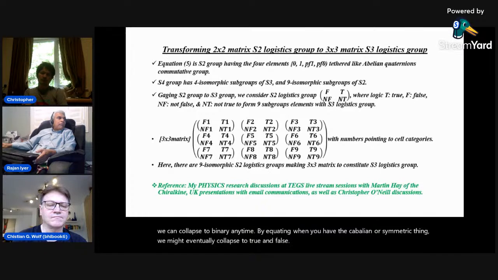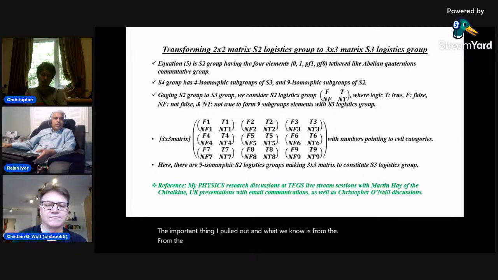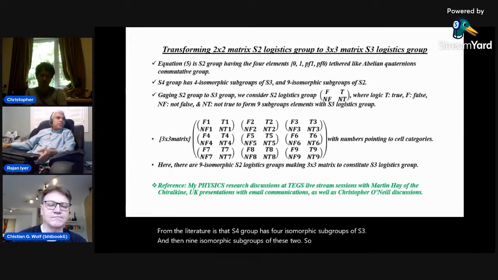The important thing I pulled out, and what we know from the literature, is that the S4 group has 4 isomorphic subgroups of S3, and then 9 isomorphic subgroups of S2. So we can utilize this knowledge to convert it.